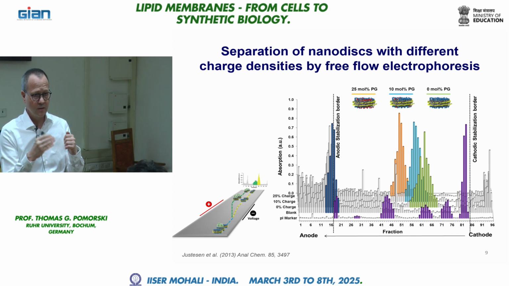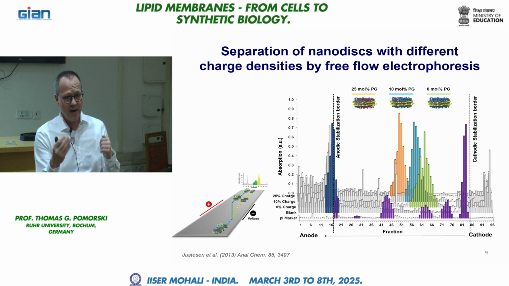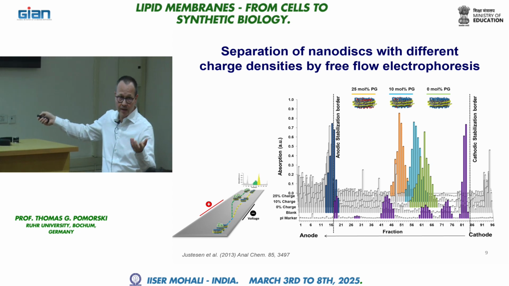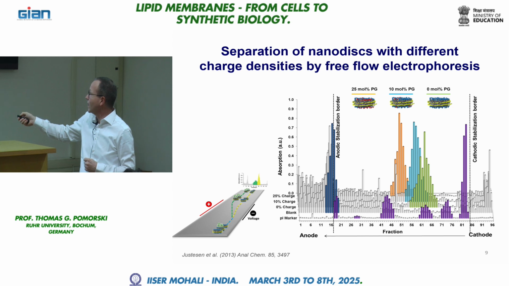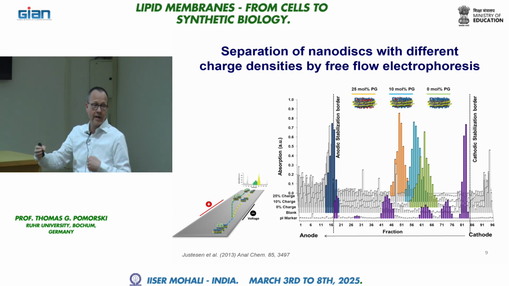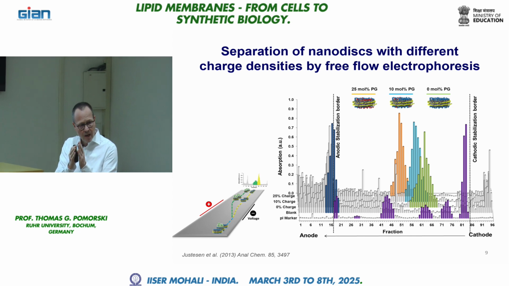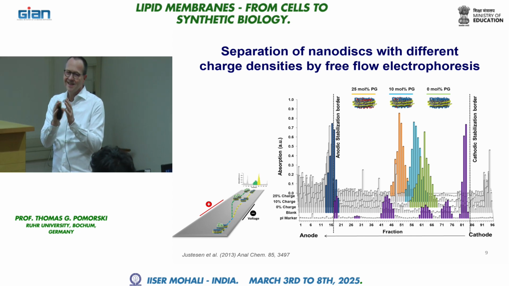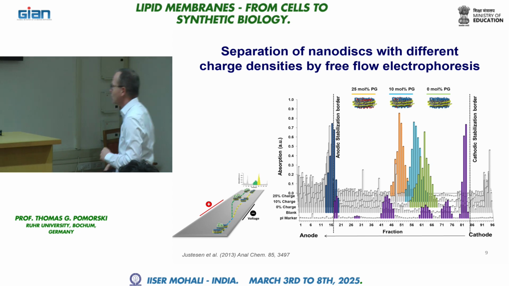You can only make it extreme if you use, for example, phosphatidylglycerol, which is very negatively charged, then there's quite a difference. But if the changes in lipid composition are smaller, then the separation is also less good.